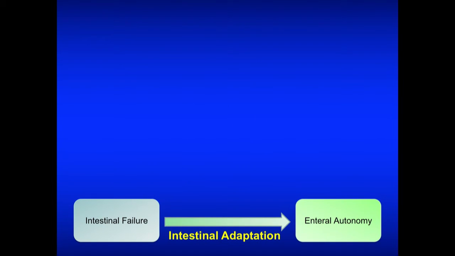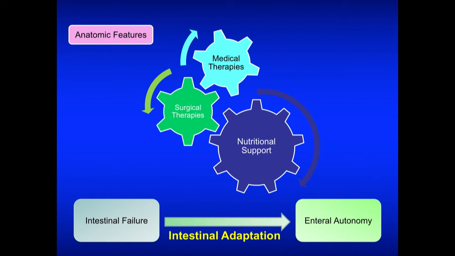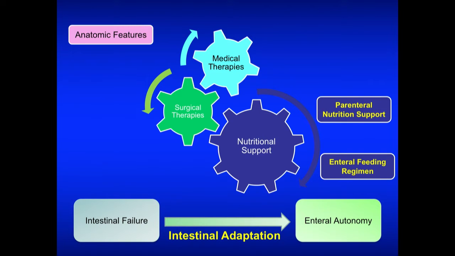So how do we help along this process of intestinal adaptation? That really requires a multidisciplinary approach. Sometimes the anatomic features are predictors of whether somebody can achieve enteroautonomy. These features we may not be able to alter, but there are things that we can change. And speaking of a multidisciplinary approach, that requires adequate nutritional support, and that initially starts for everybody with TPN, parenteral nutrition, but we also emphasize the early introduction of an enteral feeding program.